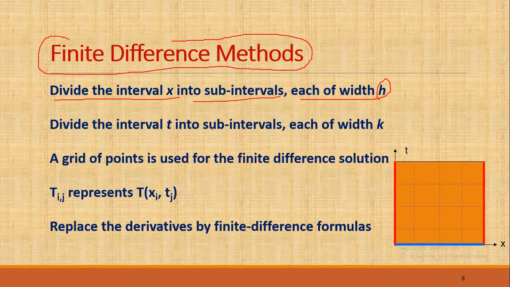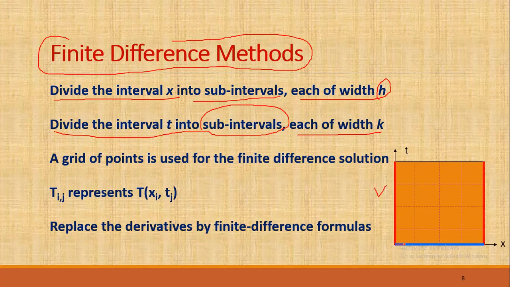Similarly, we divide the interval t into subintervals, each of which we consider k. So in this figure, we consider the x direction and this is t. Now this is the regular boundary.